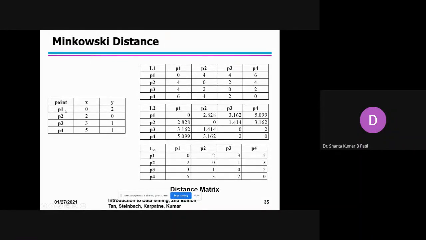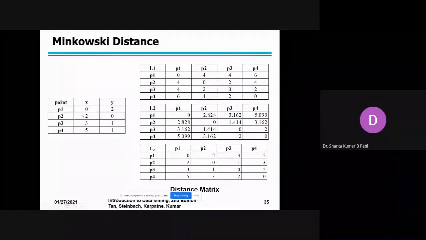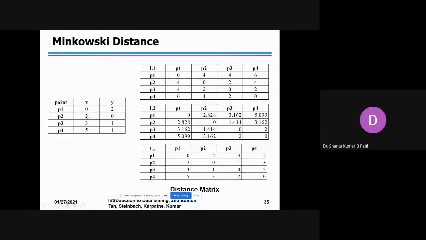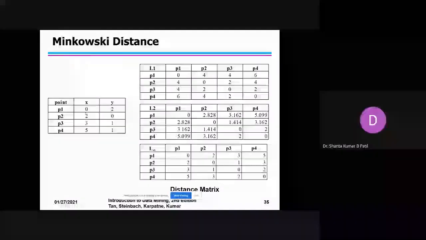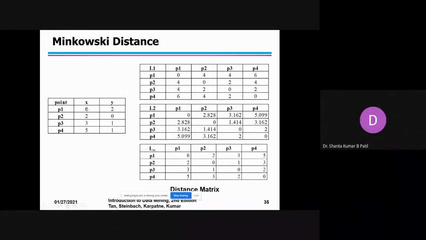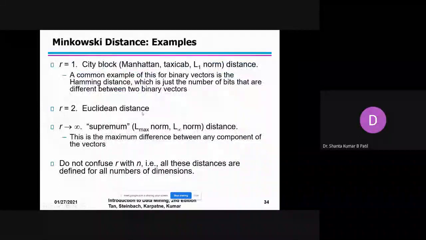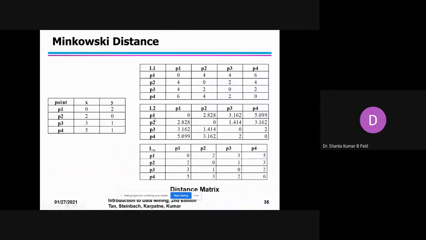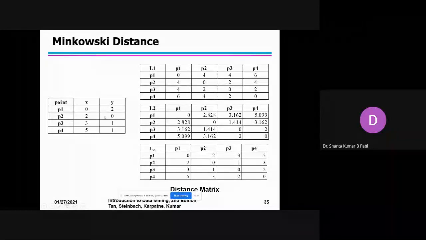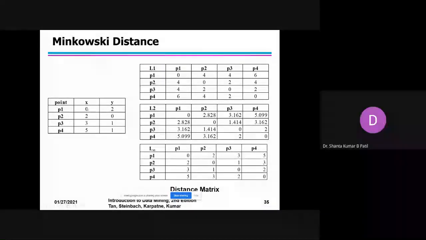You subtract the x value of P1 from the x value of P2, or subtract the x value of P2 from the x value of P1, and add it to the y, according to the equation. So in order to get the 4, you subtract the x value of P2 from the x value of P1, and add it to the y.